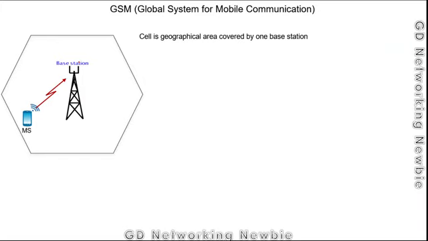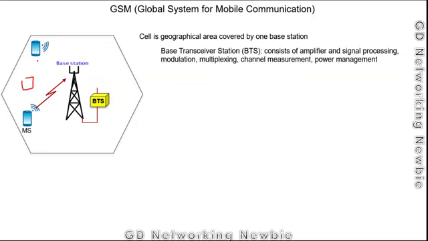Now this tower may be serving some other users like this one. Also we can have some other users as well. This tower has an associated entity, that is BTS. BTS stands for base transceiver station.